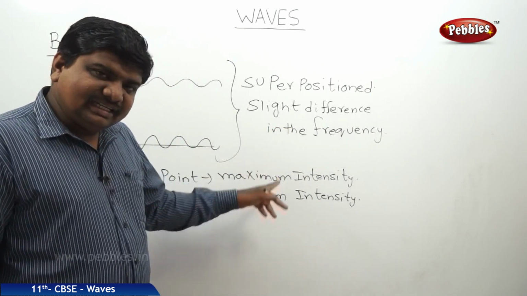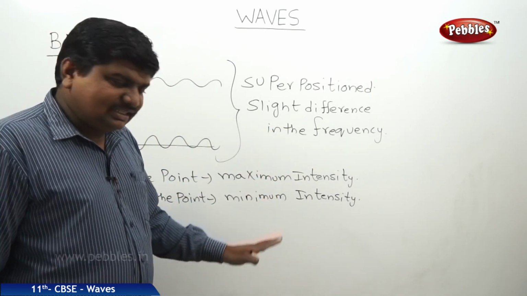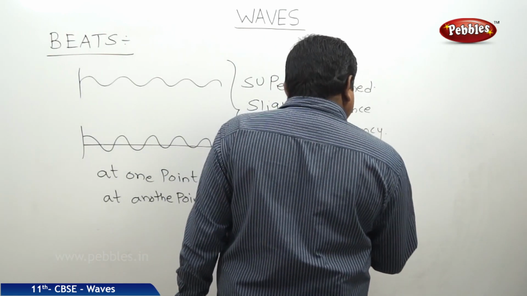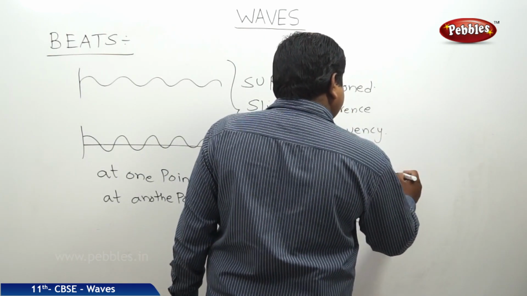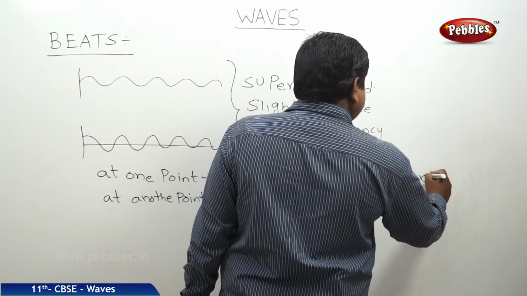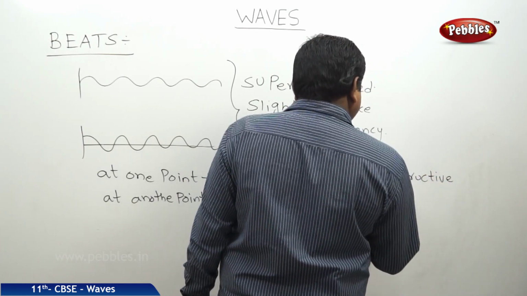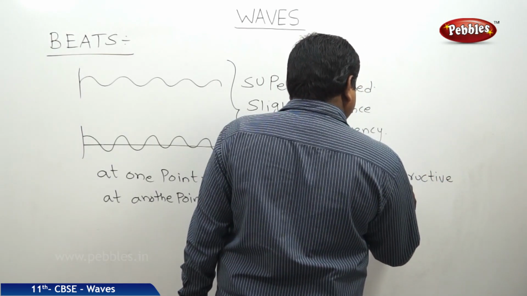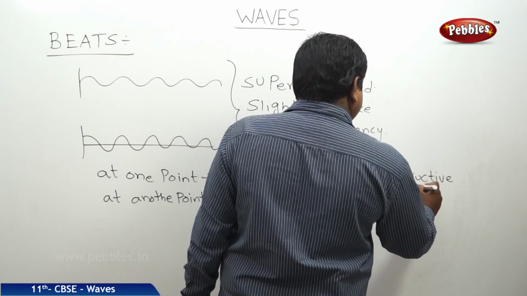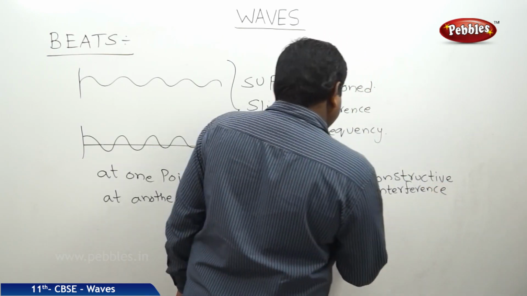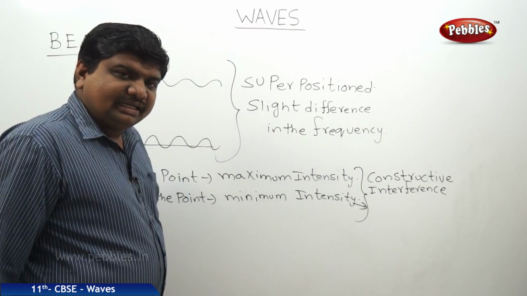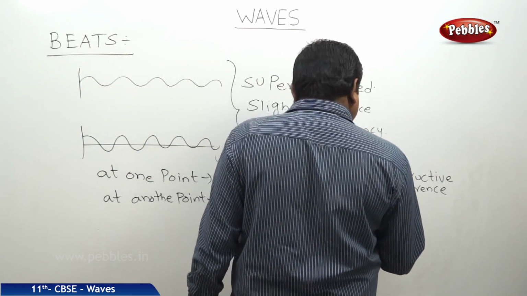This periodic change in the intensities is due to the interference. It is constructive interference for maximum intensity, and for minimum intensity, destructive interference.